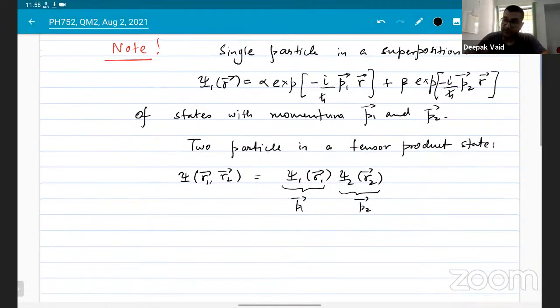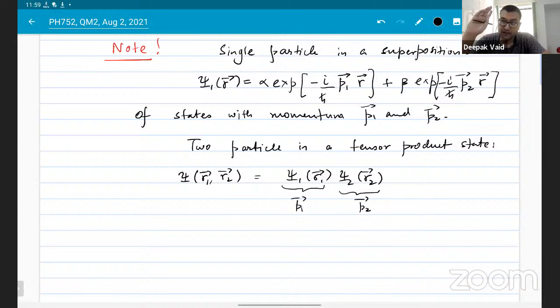So what is the difference between these two things? The difference is that when I measure the momentum of this particle, I get only one quantum number, only one momentum, which has three components.